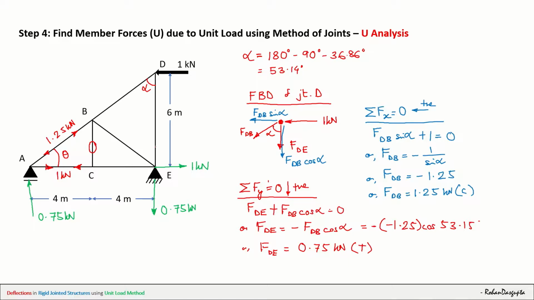So therefore let me write here that this is positive tensile 0.75, and here FDB is compressive in nature, 1.25 kilonewton.